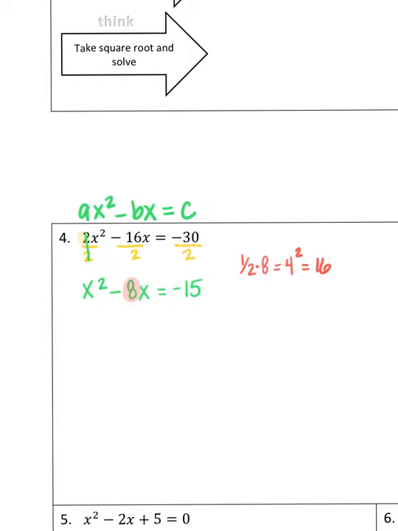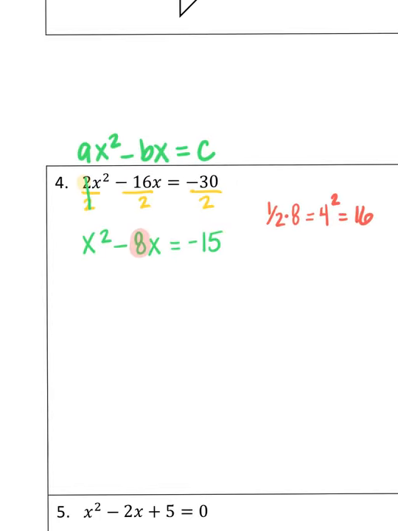Now I have to add 16 to both sides of my equation. So I have x squared minus 8x plus 16 equals negative 15 plus 16. So I added that 16 to both sides, and there it is.